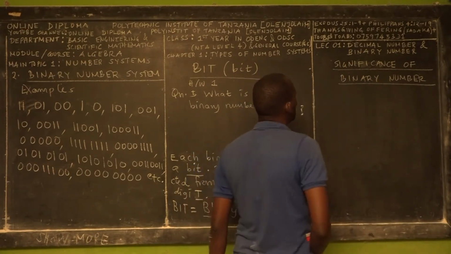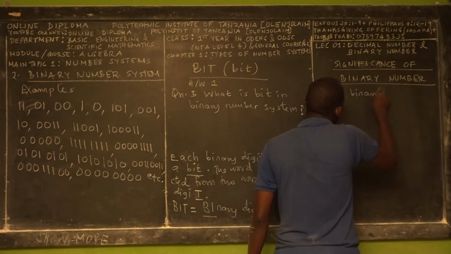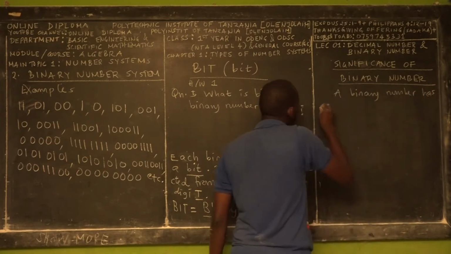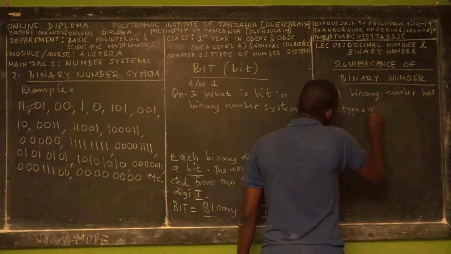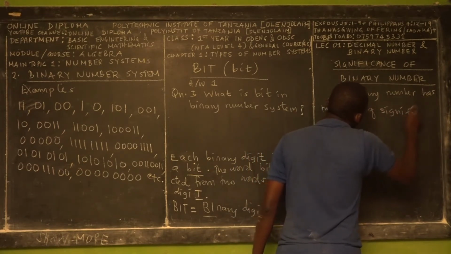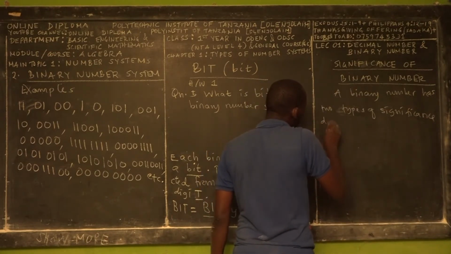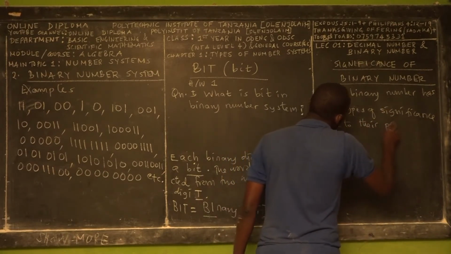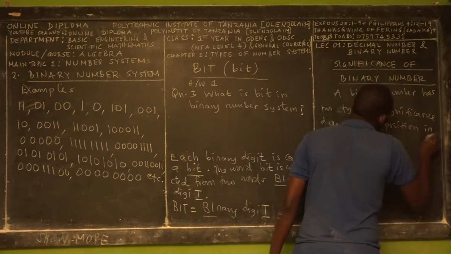A binary number has 2 types of significance, significance due to the position in the binary stream.